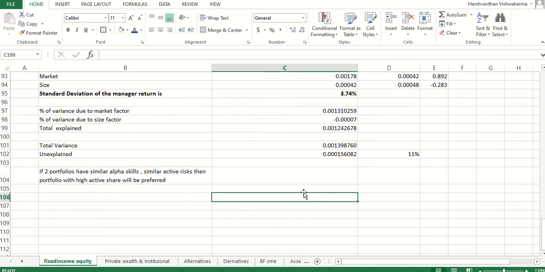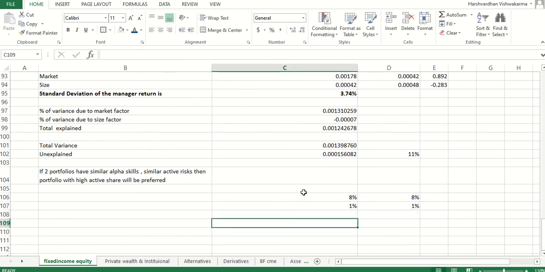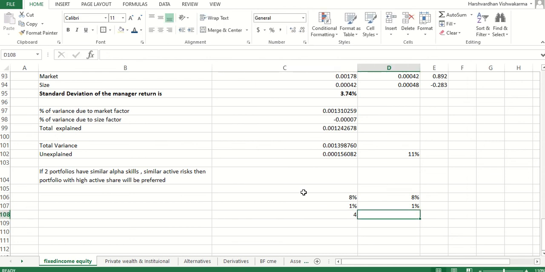If two managers are giving you 8% returns, taking 1% risk per unit, hypothetically, and one has an active share of 4 and the other has an active share of 9, you will prefer the portfolio manager with higher active share because he is able to give you better returns by taking on more active bets.